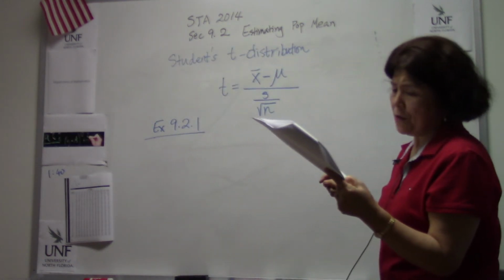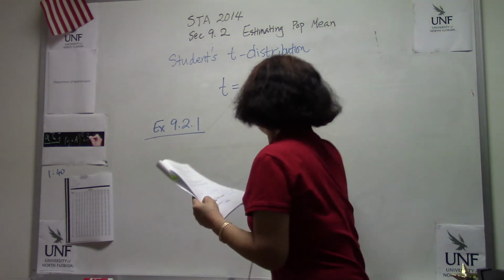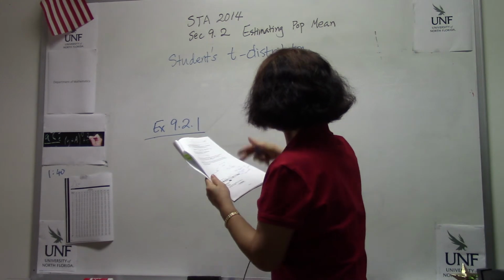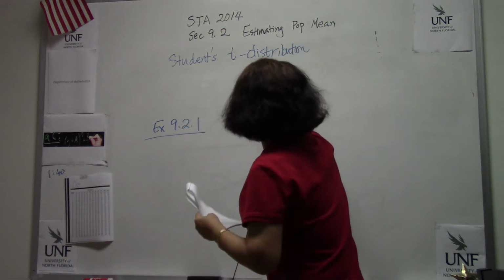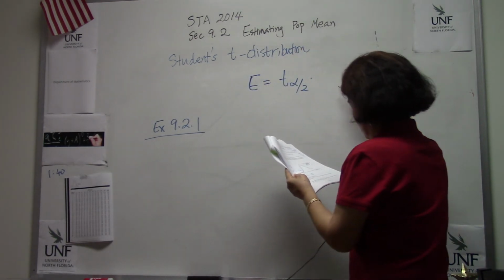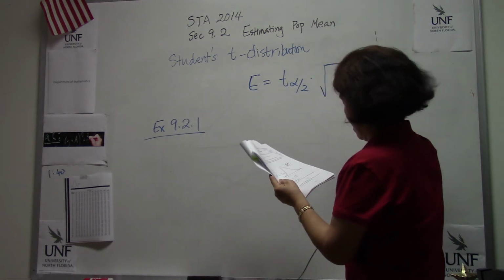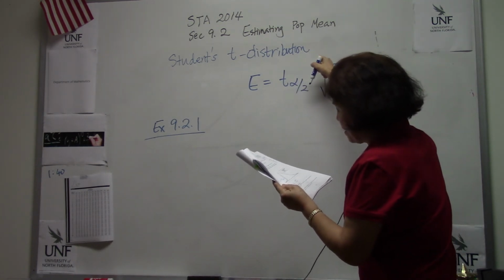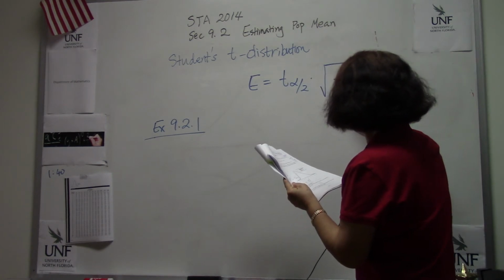Well, here we go. Find the t critical value. Earlier we said the margin of error was t sub alpha over 2 times, instead of sigma, you are going to have s over square root of n.